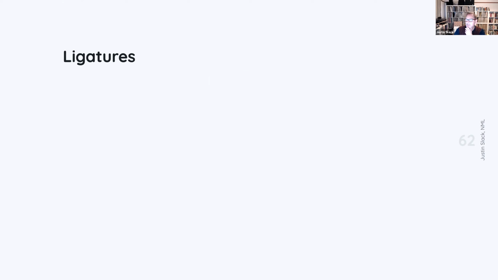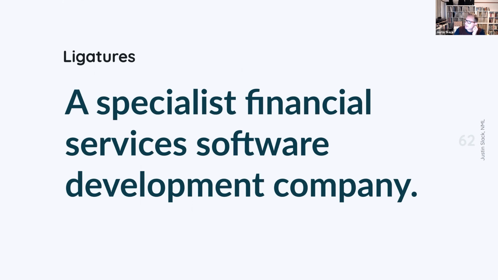I'm just going to share this text that used to live on our company website: a specialist financial services software development company. There are two ligatures here. You may be able to spot them. If you can't, they are in these places.